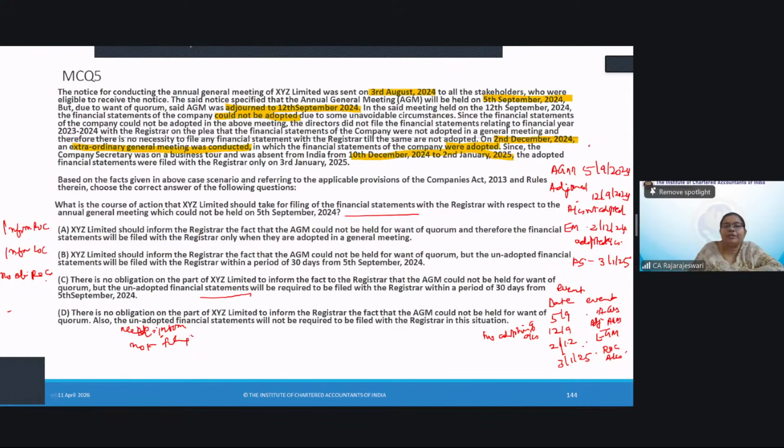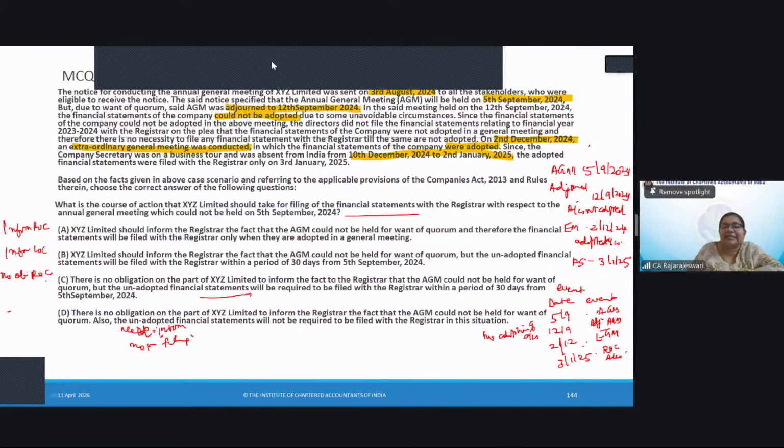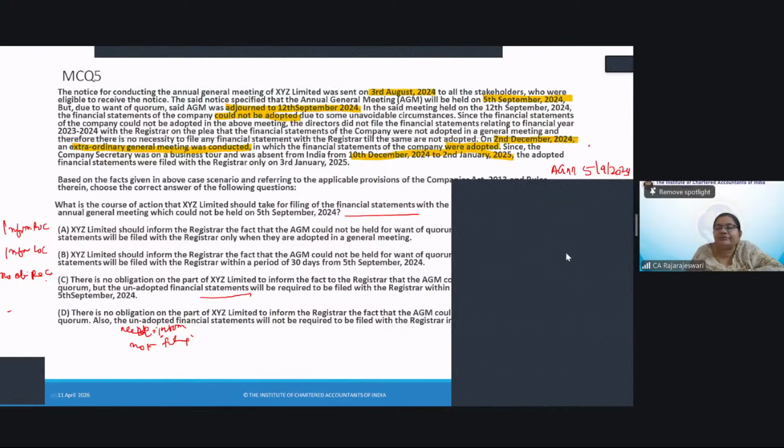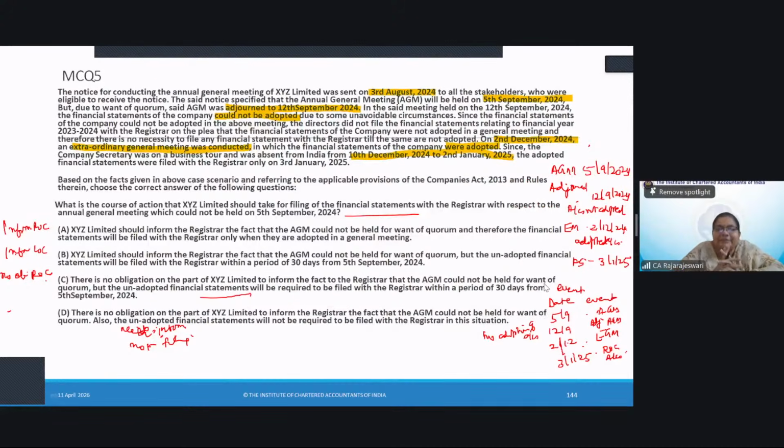So, what should be your answer for this? This is a case study question which was asked in January 25. Why did others not try it? See, there is no obligation to inform.